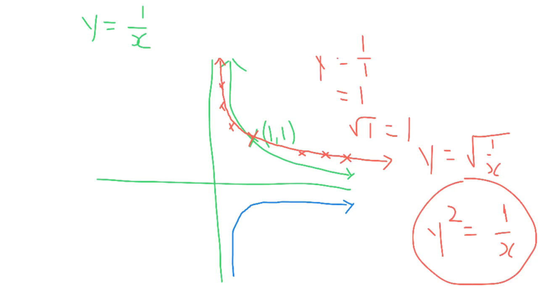It might even be worthwhile sketching another green line in there as a basis. But of course, that's the point 1, negative 1. Now, we can have negative y values here because if I take my values for x and put them in, I can square root them and I end up with a positive or negative mirrored y value there. So that's what ends up happening with y squared equals 1 over x.